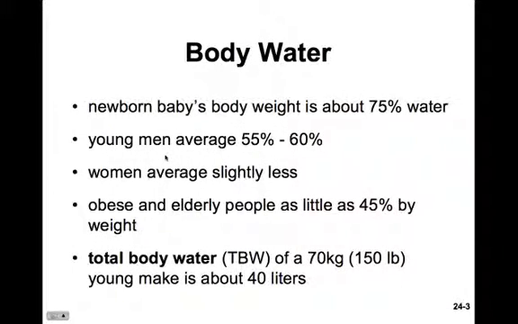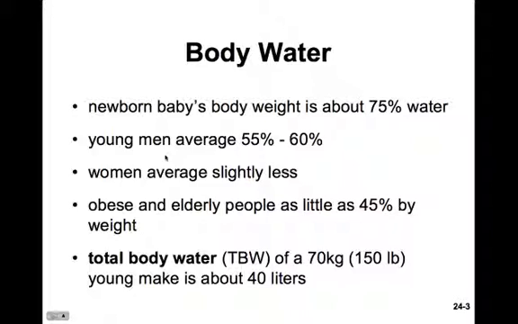So we begin our life in kind of a soggy condition. When a baby comes out, having bathed in amniotic fluid, ingested it, excreted it, most of its body weight is composed of water, about 75%. Whereas the average person is about 55 or 60% water.